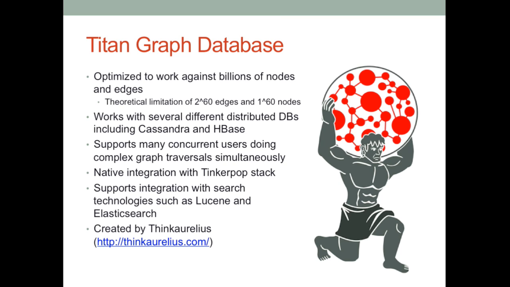But if they treat every single node as an individual person, they struggle trying to load everything up into a single machine. So Titan comes with this promise of letting distributed solutions like HBase and Cassandra backends work with this. And they have some native integration with the Tinkerpop stack, which is why I talked about Tinkerpop. So if you're going to work with Titan, take a good look at the Tinkerpop stack.